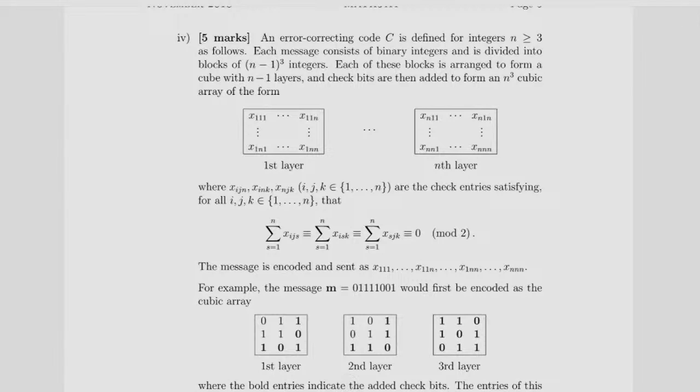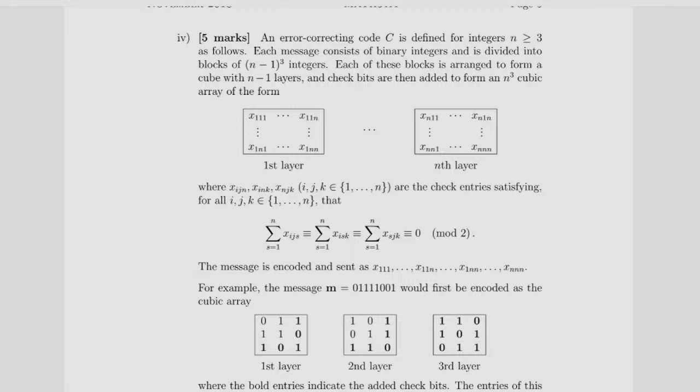Okay, so hopefully everyone can see this. Luckily I had that paper up. Okay, but so slay. Essentially, this is going back to the concept of error detecting and error correcting that we've been discussing this entire time, right? And let's just talk through it. An error correcting code C is defined for integers n greater than or equal to 3.